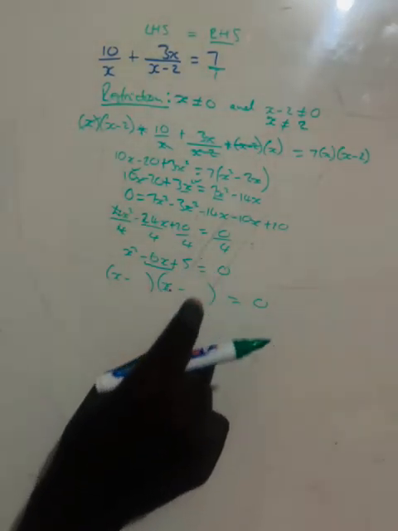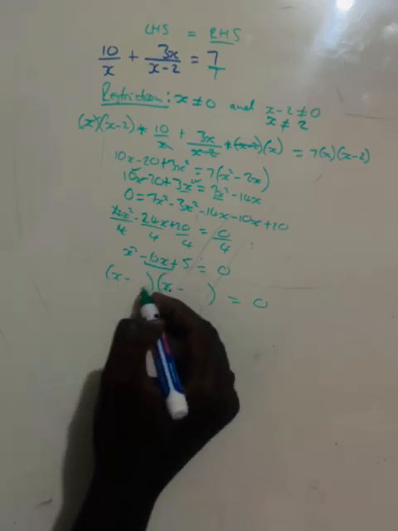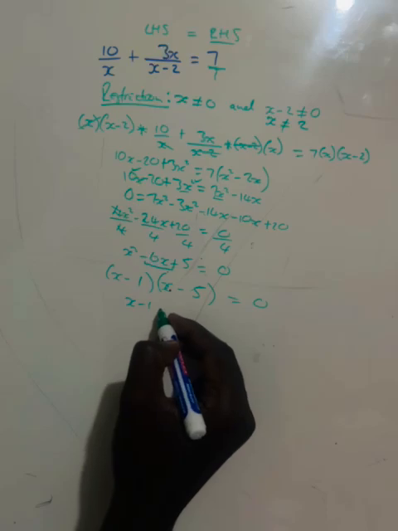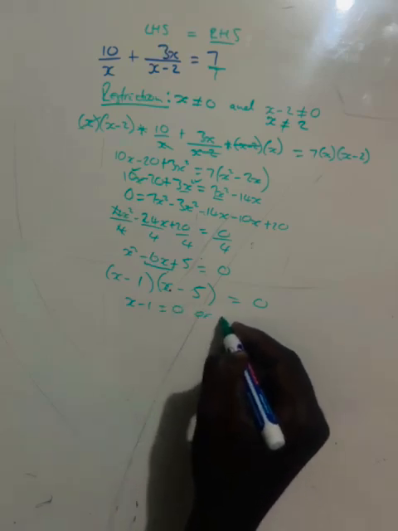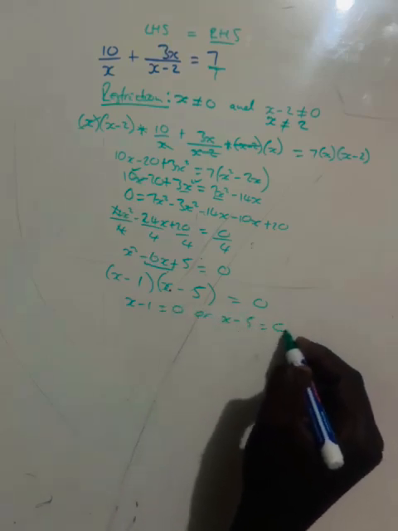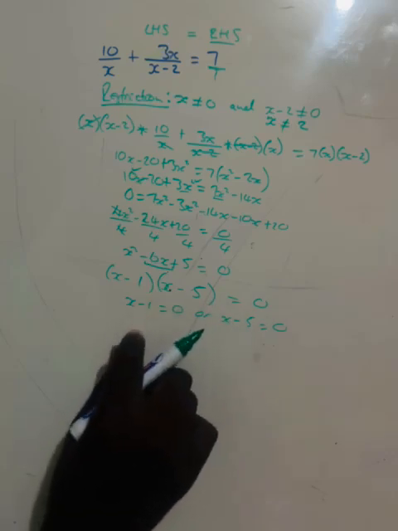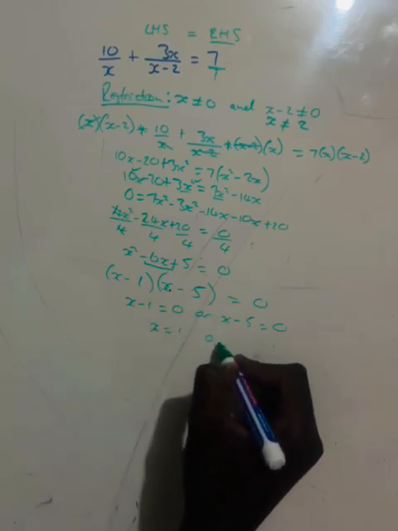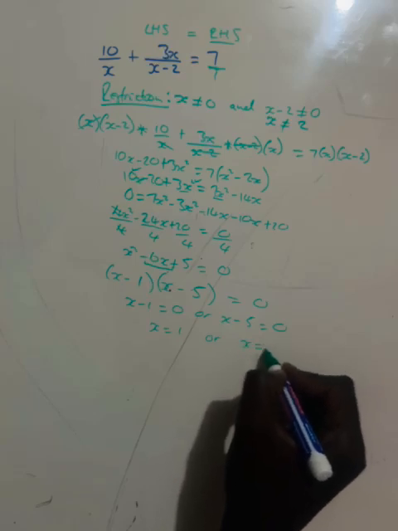So factors of positive 5, which gives me negative 6, are 1 and 5. Now I write that I've got x minus 1 equals 0, or x minus 5 equals 0. Now, I don't rush to say therefore, I transpose and I say x is equal to 1, or x is equal to 5.